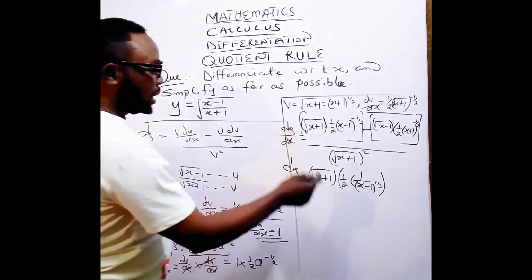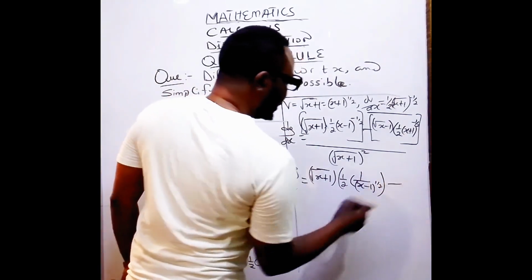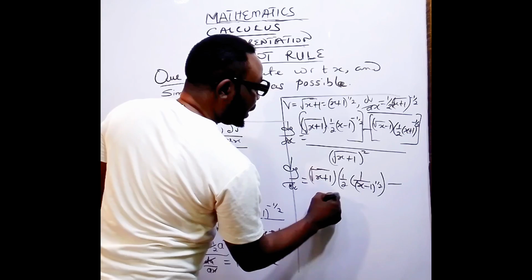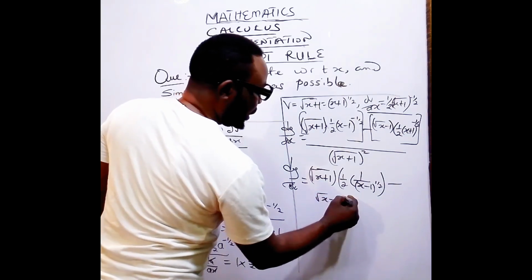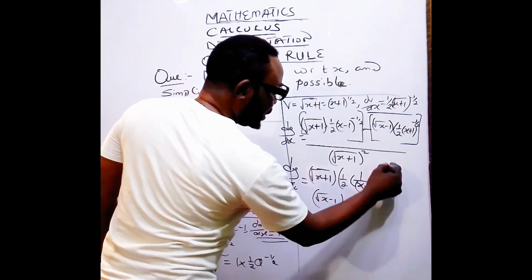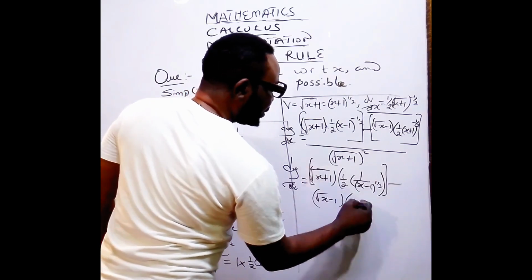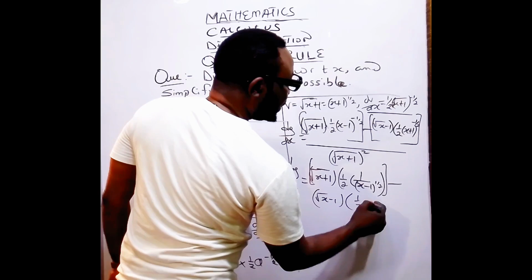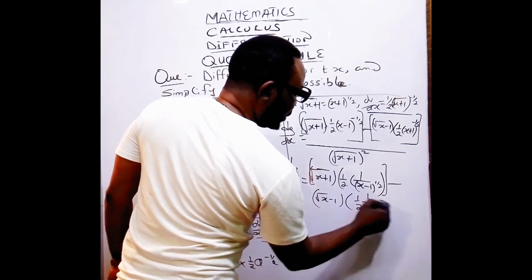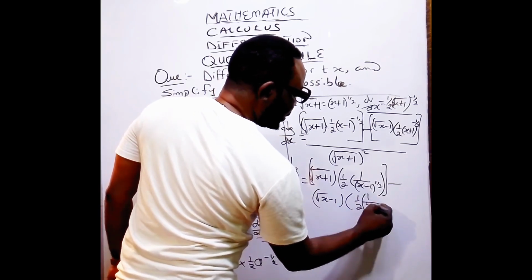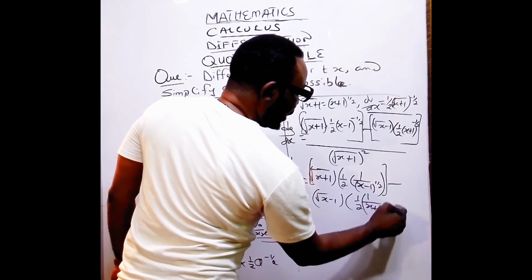Good. So we can now go ahead to say minus root x minus 1 into bracket again, half multiplied by 1 over x plus 1 to the power of half.